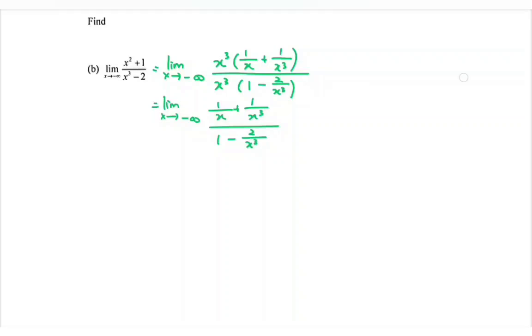If we simplify, the limit as x approaches negative infinity is 1 over x plus 1 over x to the power of 3 over 1 minus 2 over x to the power of 3. If we substitute, we will obtain 0 in each of these places. So finally, we will have 0 over 1, and the value of y will be approaching 0. This one we can call the horizontal asymptote, y equals 0.